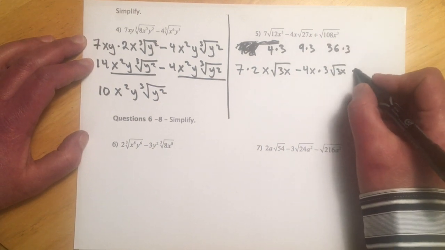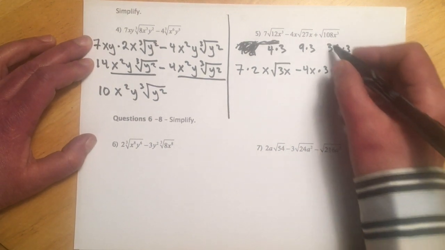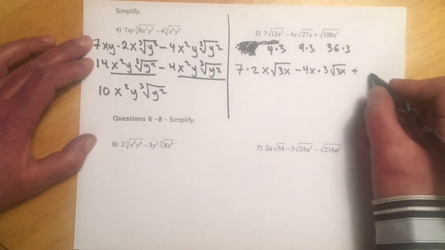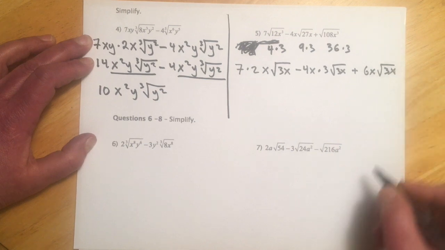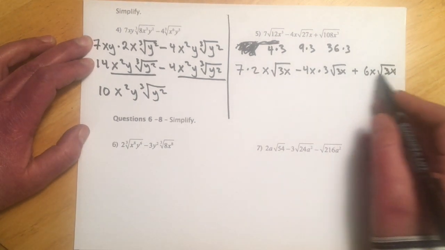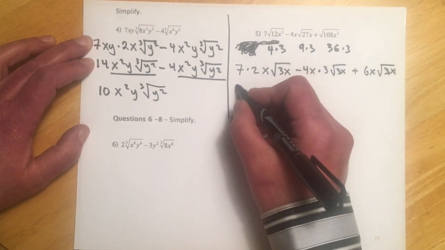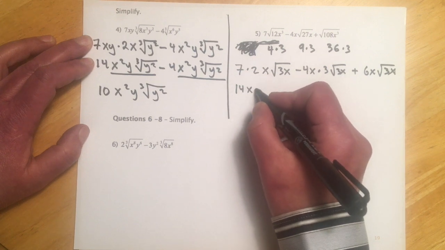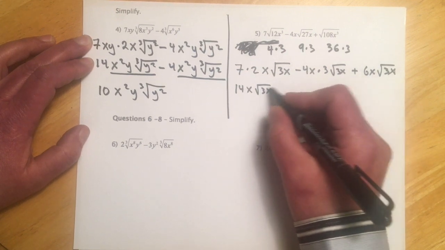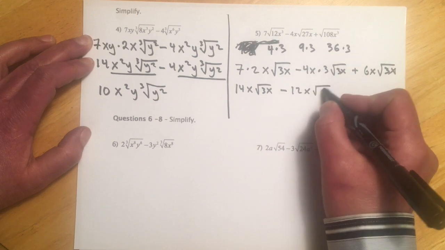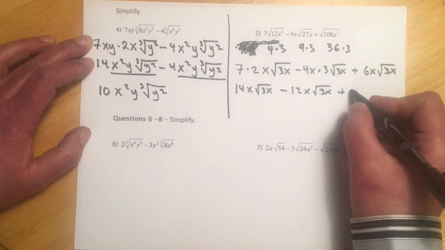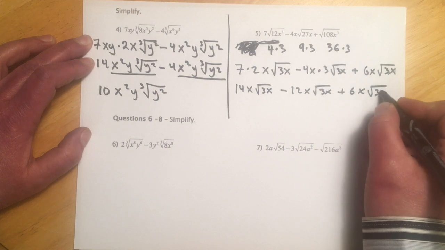Here I'm going to get plus, so this is 36 on the inside, so it comes out of 6x, and then 3x. Cleaning this up so we can see what's there a little bit better. 14x radical 3x minus 12x root 3x plus 6x root 3x.